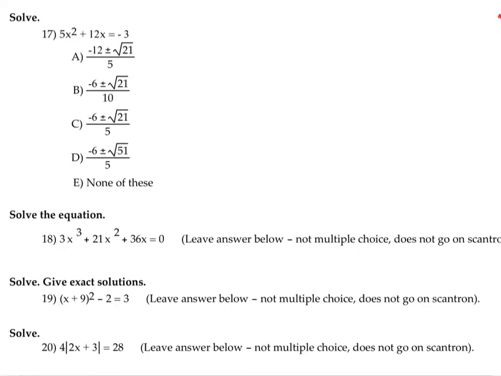Let's try number 17. So remember these kind with the x squared? I'm going to go to a fresh screen where we have some room here. Number 17: 5x squared plus 12x equals negative 3.